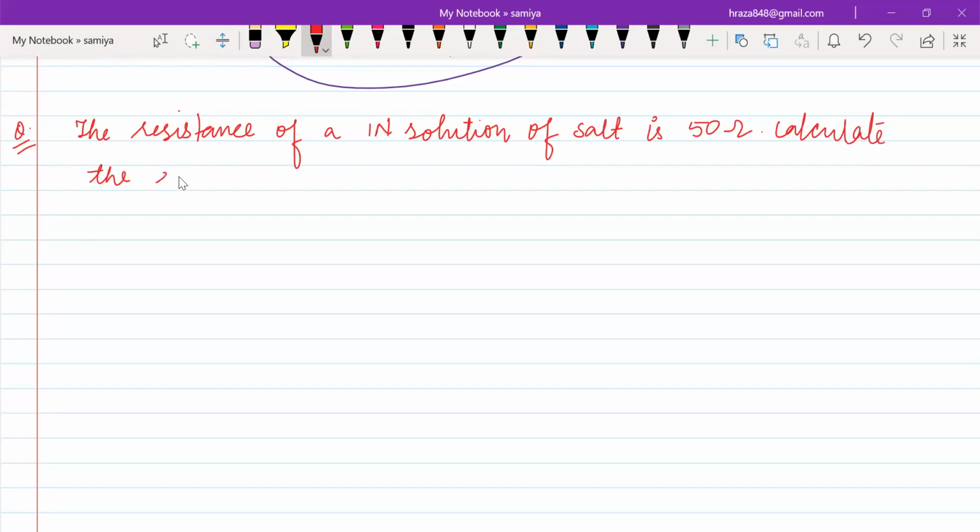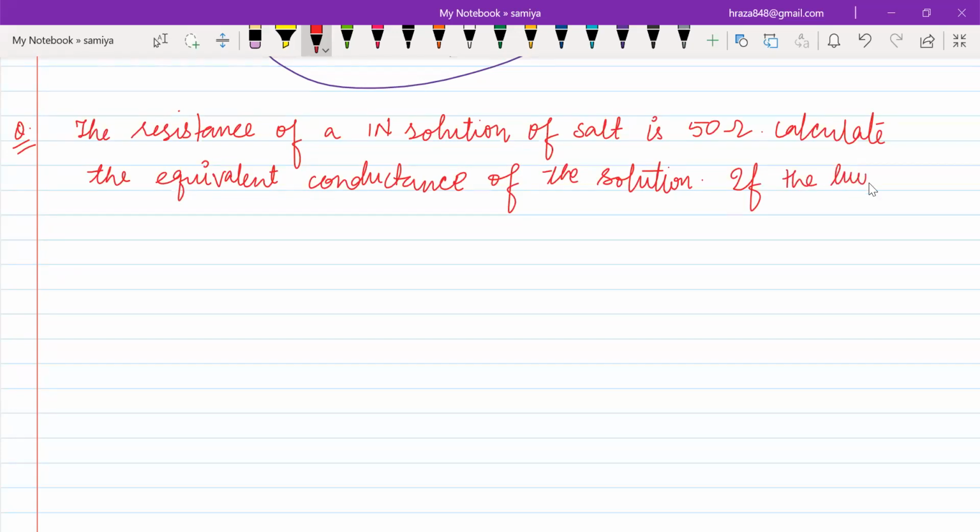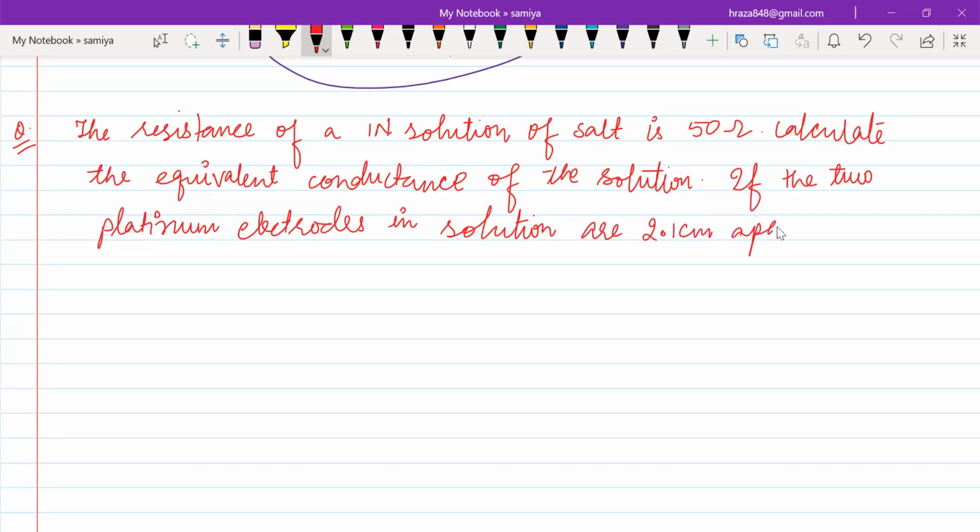Calculate the equivalent conductance of the solution if the two platinum electrodes in solution are 2.1 centimeter apart and each having an area of 4.2 centimeters square. Please do this question.